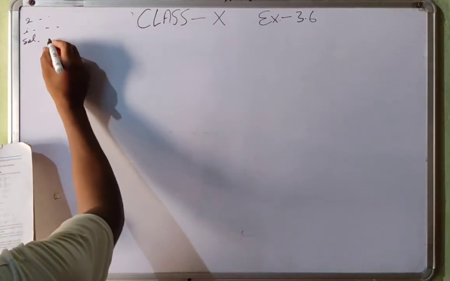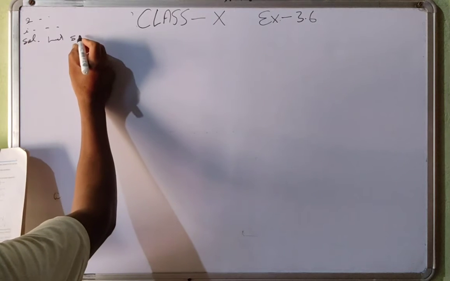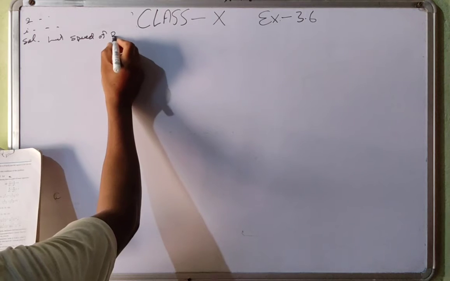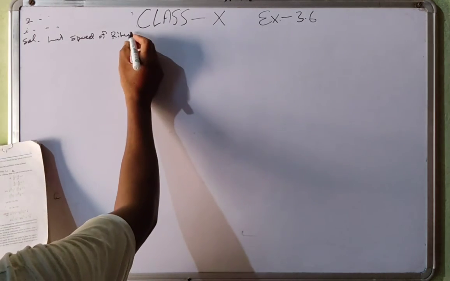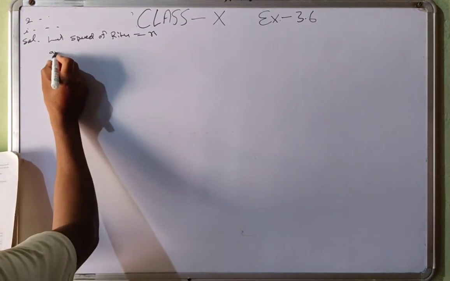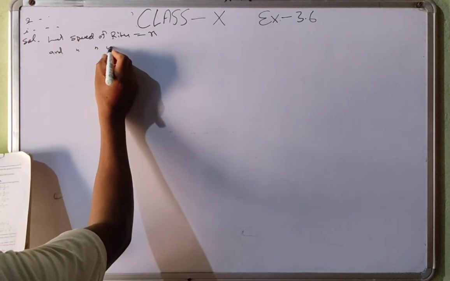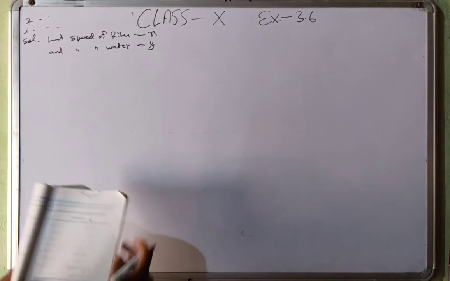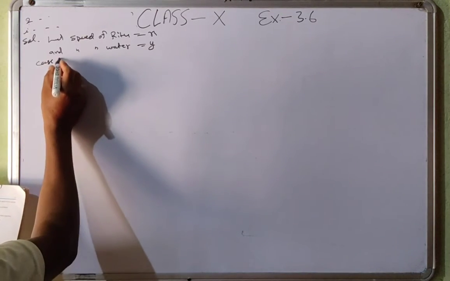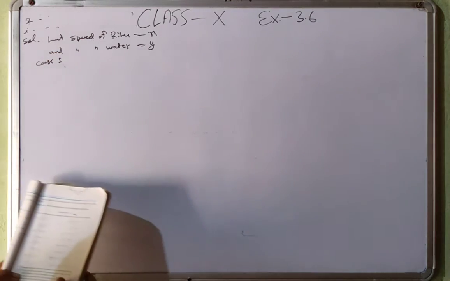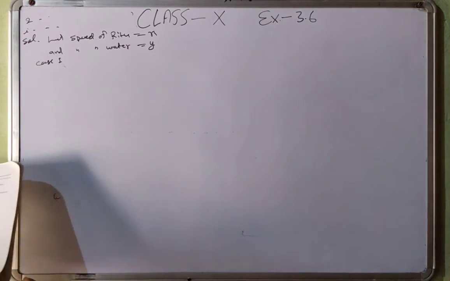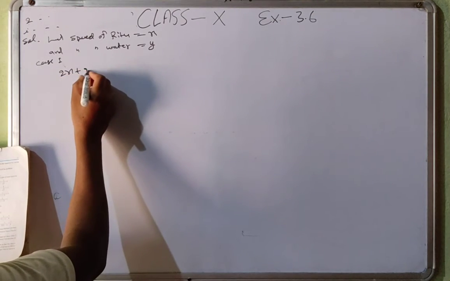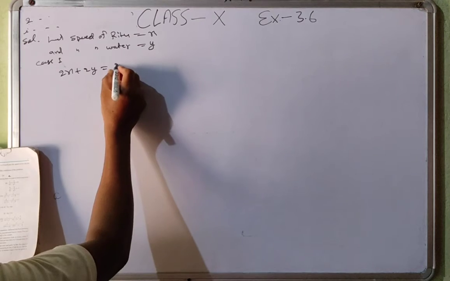So first of all, let the speed of Ritu be x and the speed of water or current be y. So case first: 2x plus 2y is equal to 20 km.